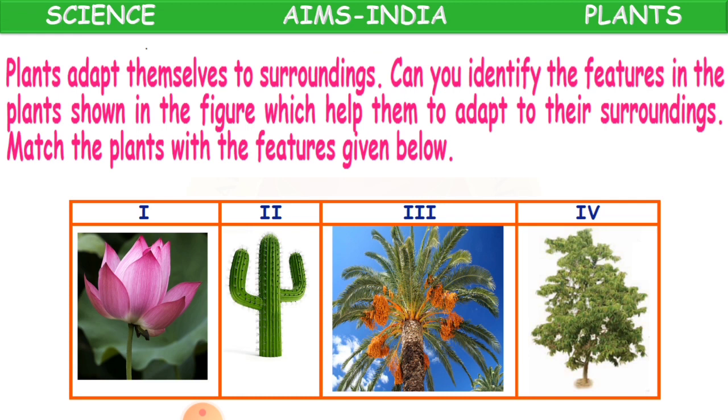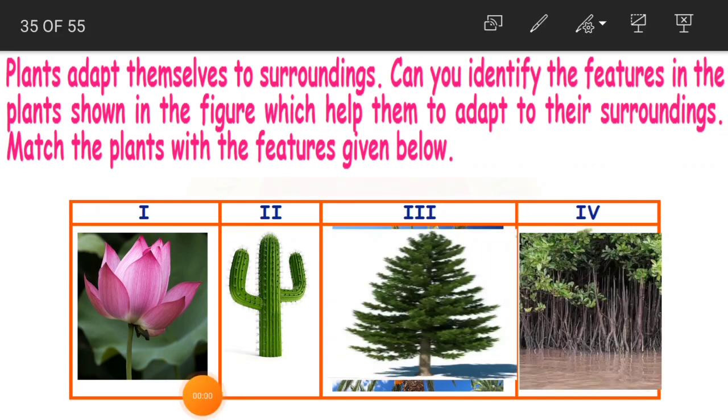And here, children, plants adapt themselves to surroundings. Can you identify the features in the plants shown in the figure which help them to adapt to their surroundings and match the plants with the features given below? Here you have different types of plants: a lotus plant, a cactus, a pine and a mangrove plant.